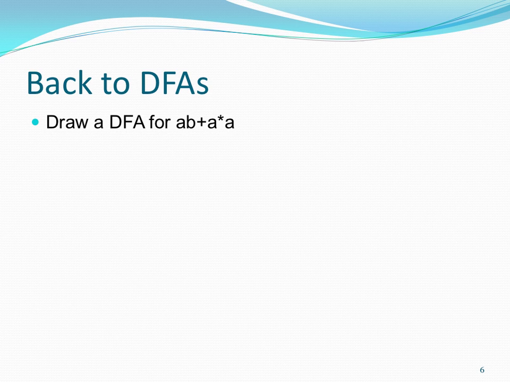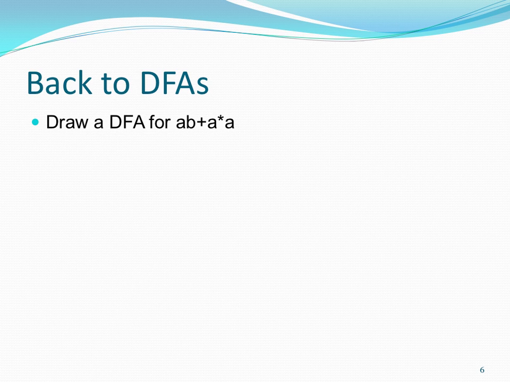So if I'm drawing a DFA for AB plus A star A, I have my start, and then if I see an A, I end up at state 2.